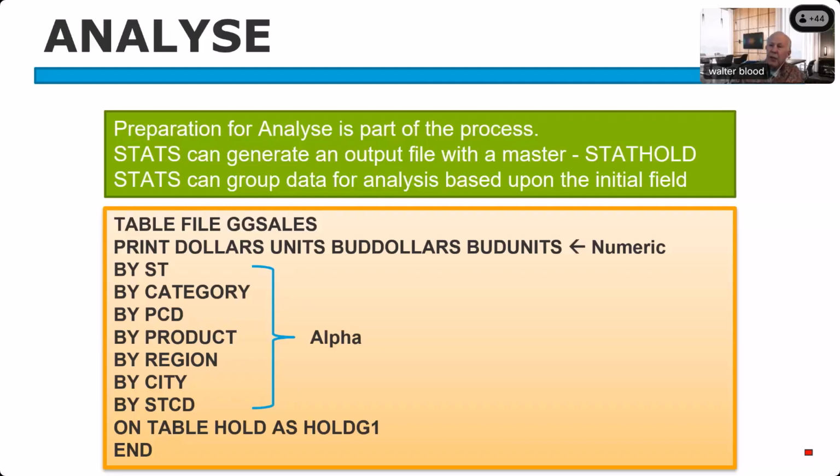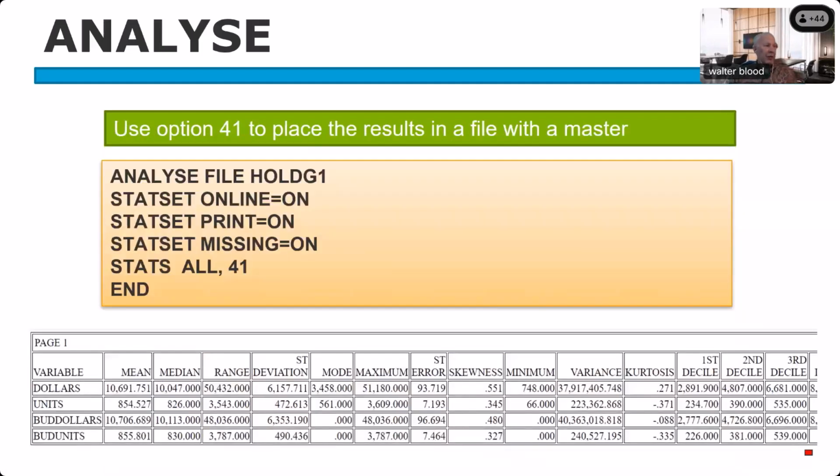Not only that, we actually have the ability to hold the data out to a whole file with stats, which means that this data is now going to be accessible to something else. In other words, I can generate a file. Let's take a look at that. If I use option 41, and this is the way it's called, stats all /41, what I will generate is all the stats for all my numeric fields in this file in whole G1.